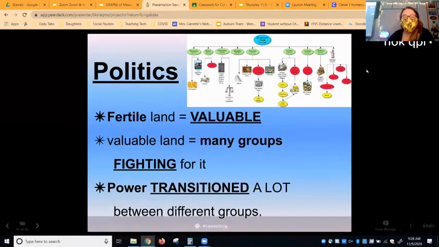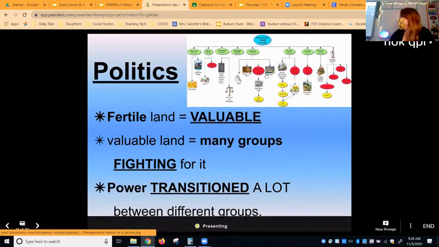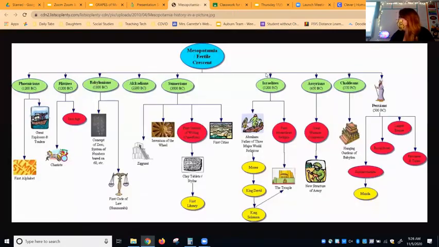And here's what I want to show you. So this diagram here, if you click on it, it will go to the big version. Every green circle that you see is a different group of people that control this area of land. Which means there would have been a war for those people to take over.